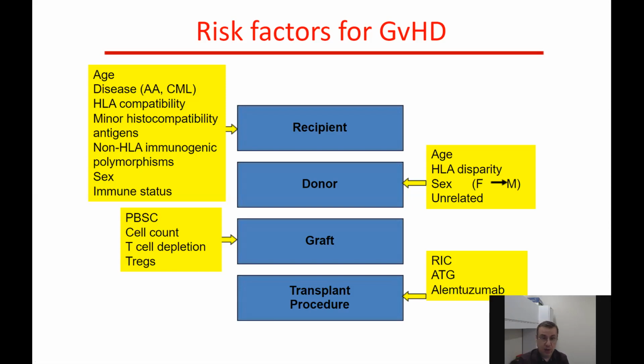A higher stem cell count predisposes to worsening grade acute GVHD, while the use of T cell depletion decreases the chance of GVHD. And as far as the transplant procedure is concerned, reduced intensity conditioning actually predisposes less to acute GVHD compared to myeloablative conditioning regimen.